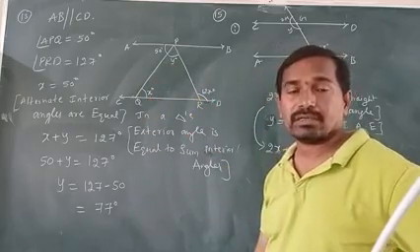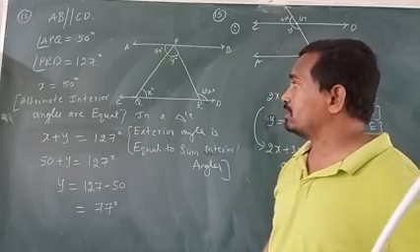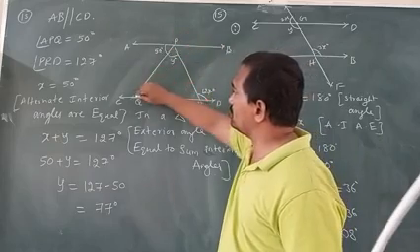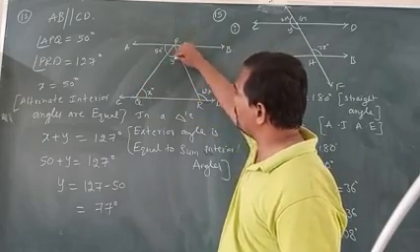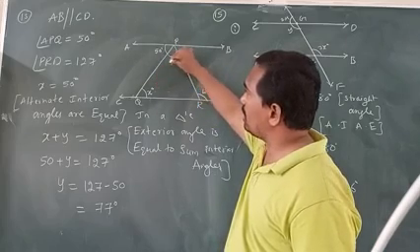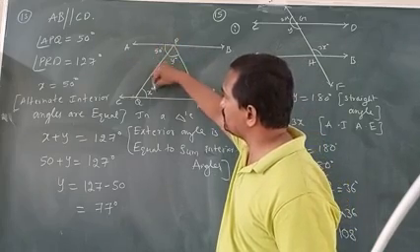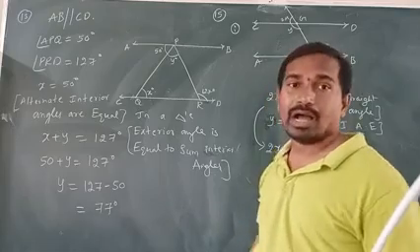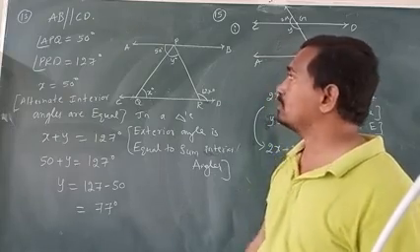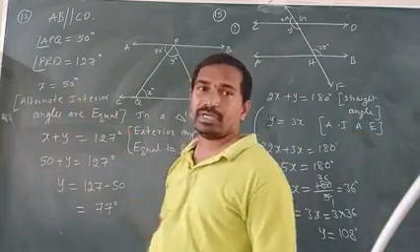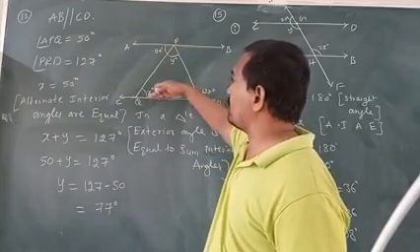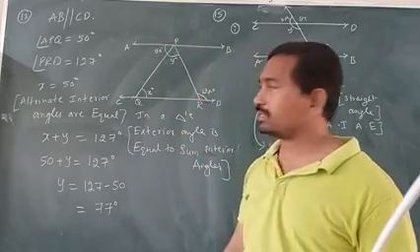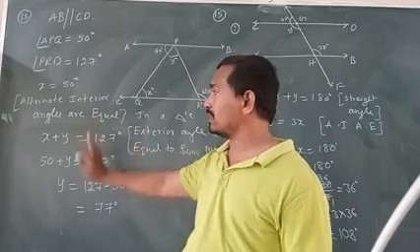To find these two angles, see children, these two lines are parallel and this is a transversal. What can we call these two angles? 50 and x are alternate interior angles. So x equals 50 degrees. Why? These two lines are parallel and this is a transversal. Alternate interior angles are equal.